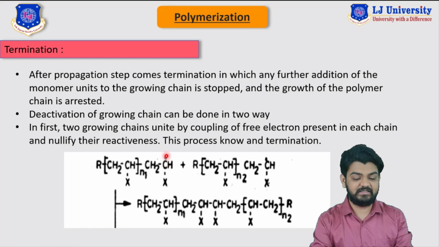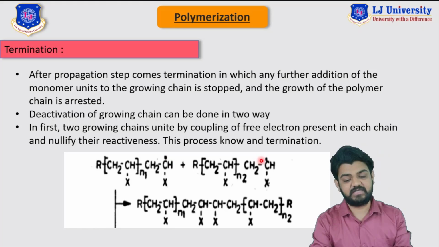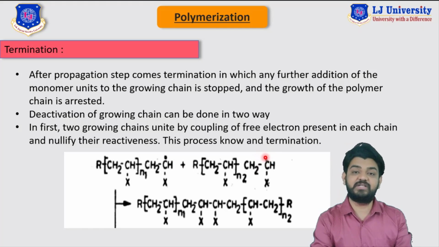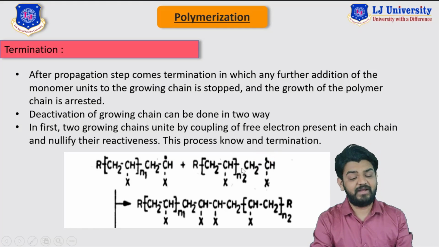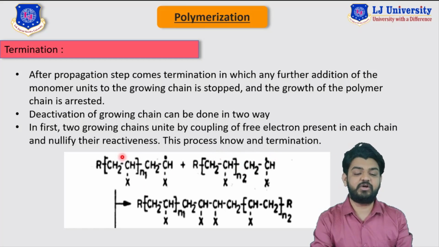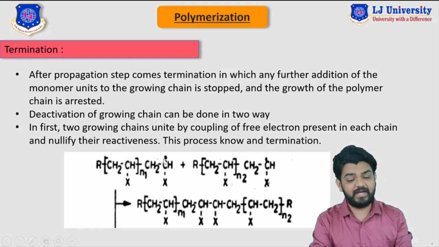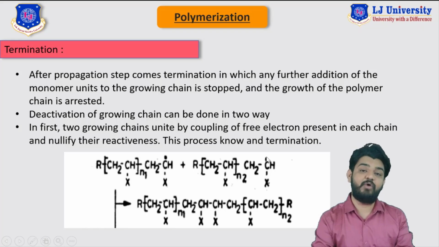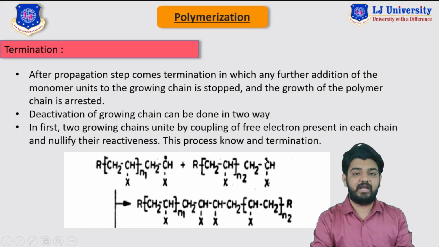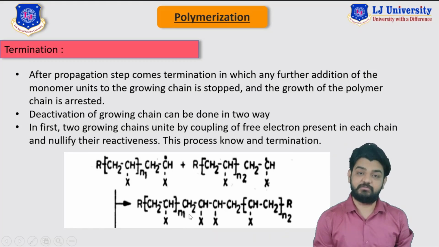This last carbon has a free radical within it, and here this last carbon also contains one free electron. So when these two polymers come in contact with each other, they donate the one electron in their outer periphery and make a bond. Now you can see that this substance does not have any free radical or free electron, so it will not undergo any further polymerization.